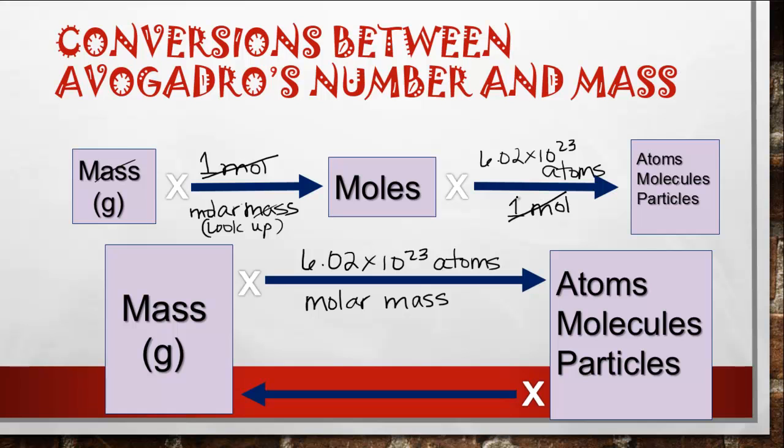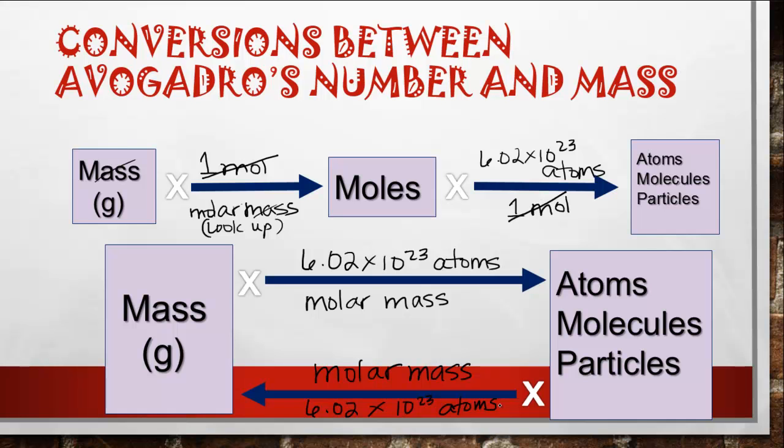Now that may not play in a whole lot now, but as we get further along into other chapters, you're going to see that sometimes you have to do it the longer way. If we go back the other way, again, just flip your numbers over, or your conversion factor over, because your froms and your tos have changed.